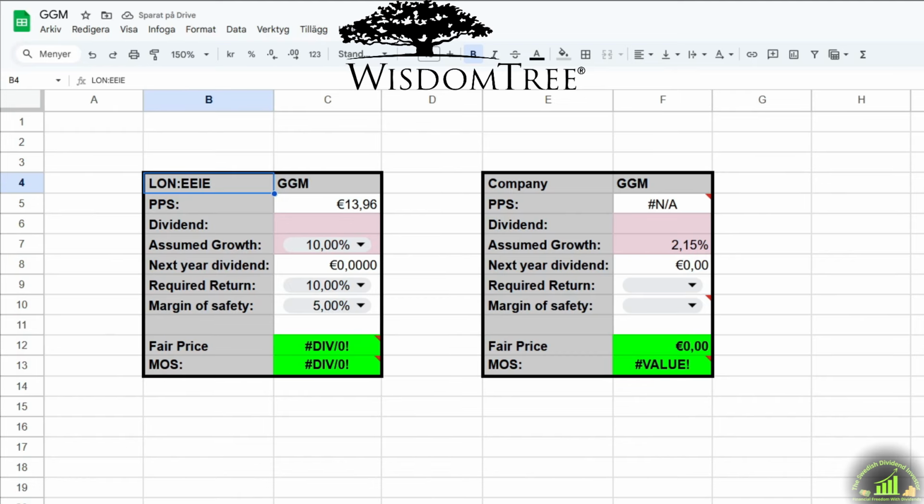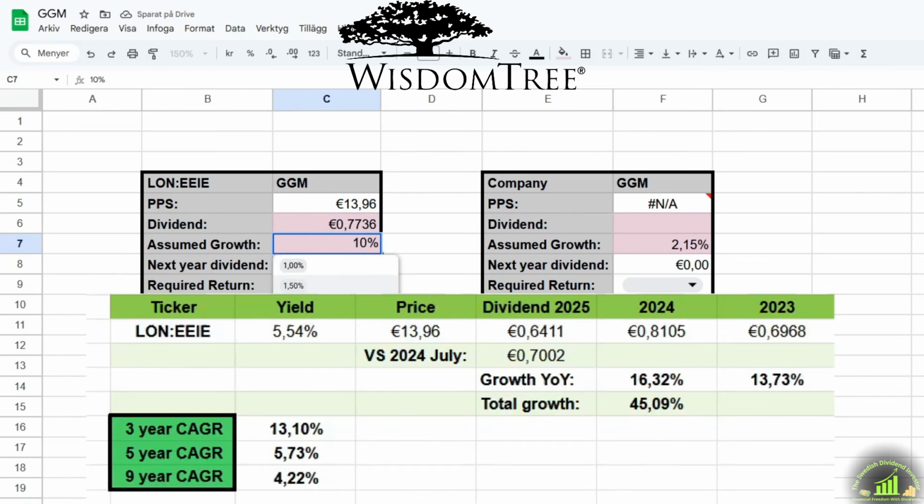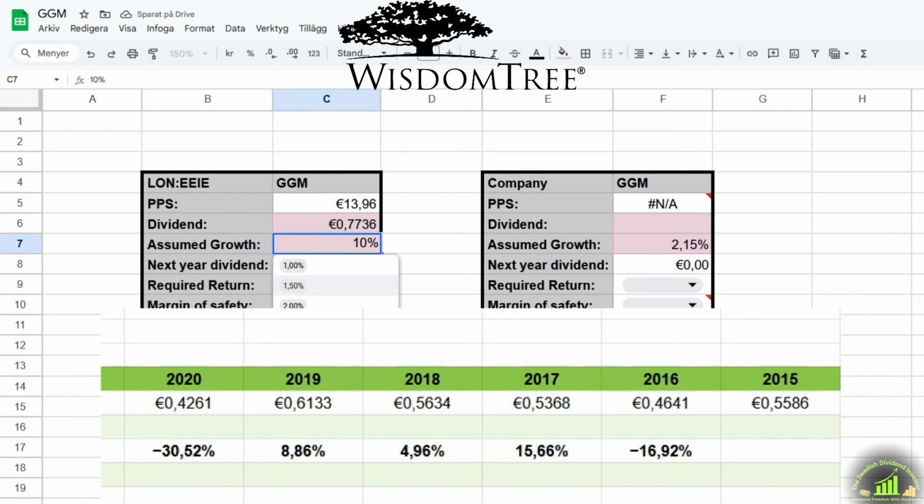So let's punch that into the GGM, and we also enter the ticker so we can get the current price. For the growth, their 10-year CAGR is around 4%, and their 3-year CAGR prior to this year was around 13%. That 4% growth is along with 2 cuts, with the pandemic cut being over 30%.